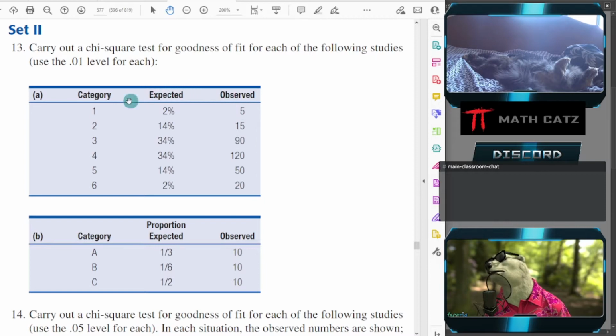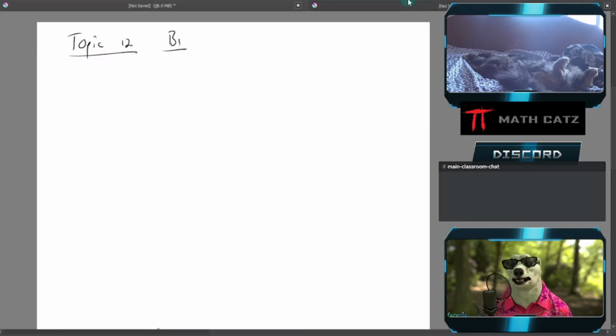And so we are observing some people, and we're seeing if according to these categories they are distributed the way we would expect. Okay, so we don't know what the categories are or what the people are about, just to keep things fairly simple. So first of all, we need to write down the number here.